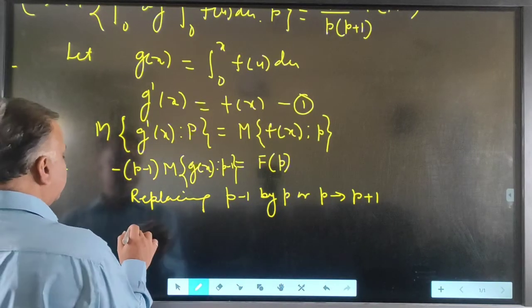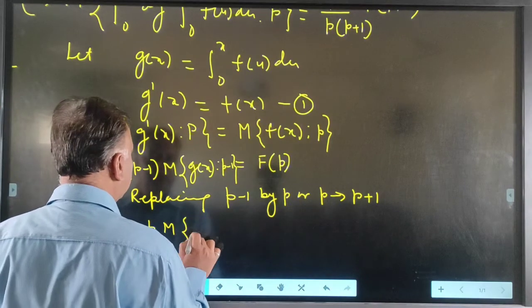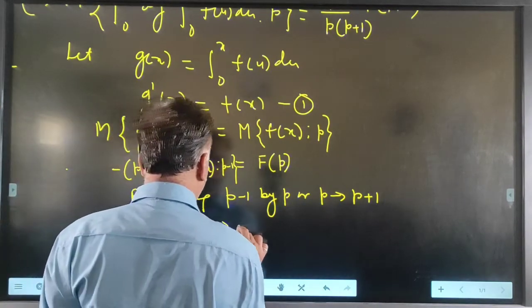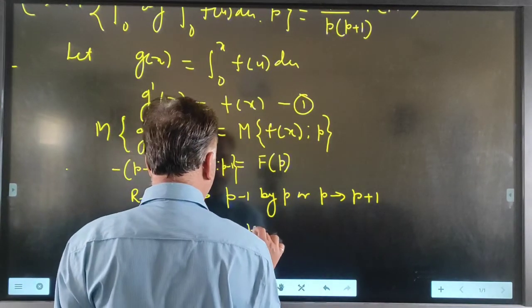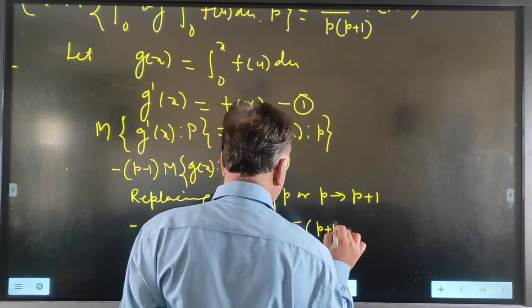Then we get minus p times the Mellin transform of g(x) with respect to p is equal to F(p plus 1).